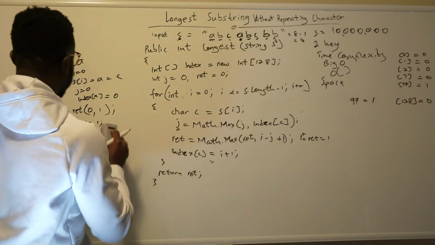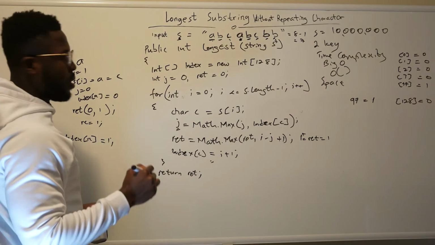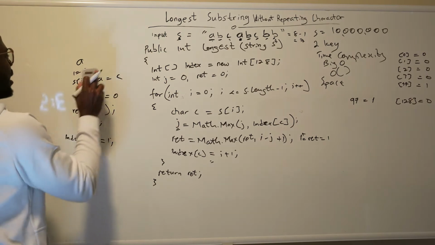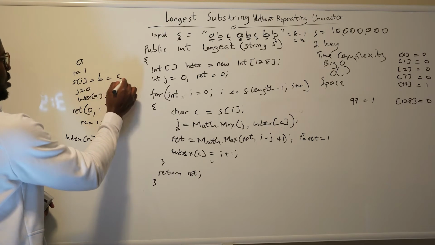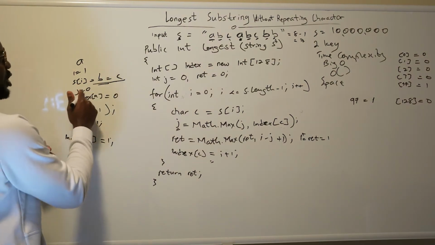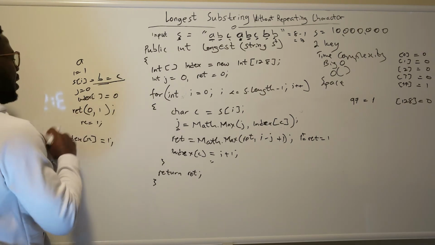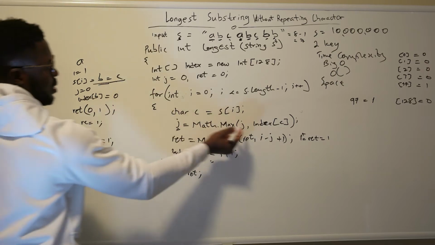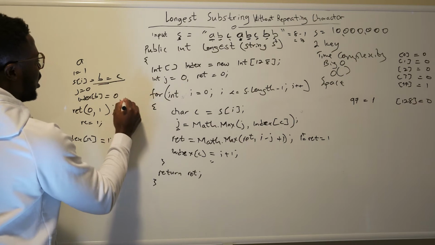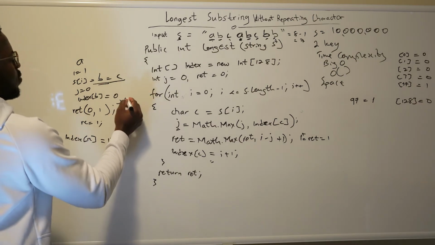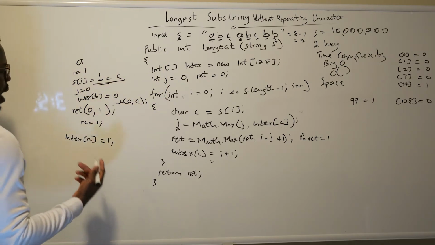So when we do B, I is equal to 1. S at I equals B, which is the same as C, right? J is still 0. Index at B, which is this one, is equal to 0. So J will be equal to the max of 0, 0. And J is equal to 0, right?